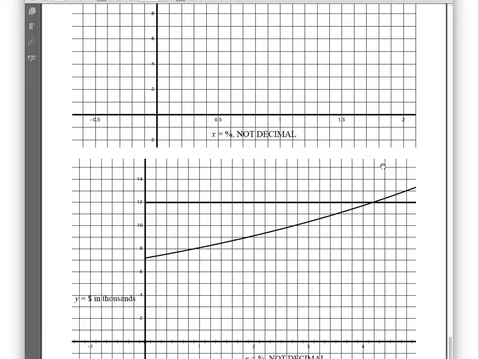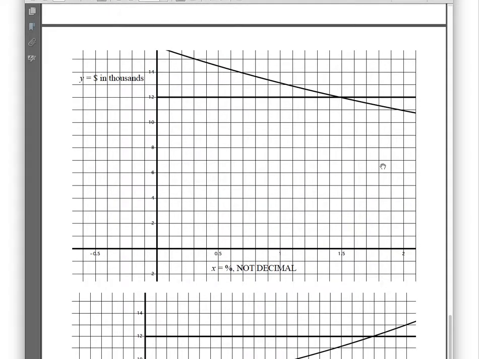Okay, so this is the graph we're going to use, and we want to find out when this function value here hits 12,000. What interest rate makes this function hit 12,000?